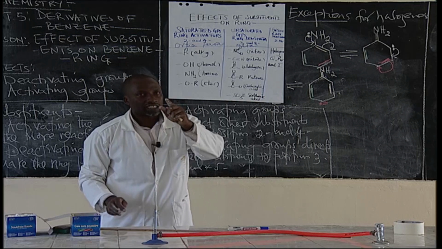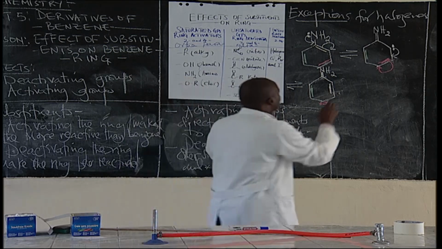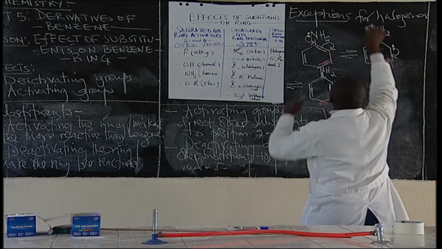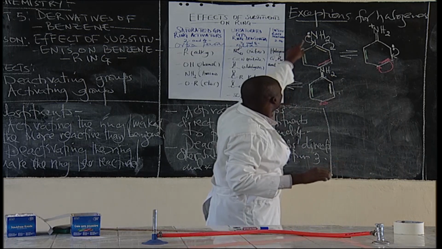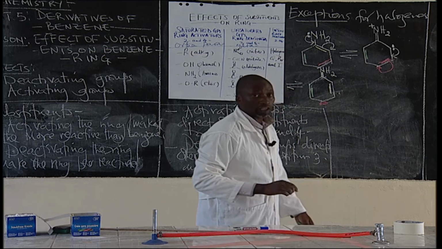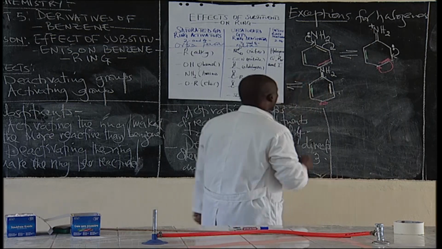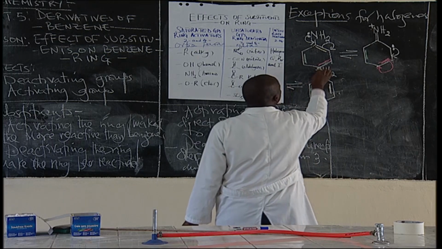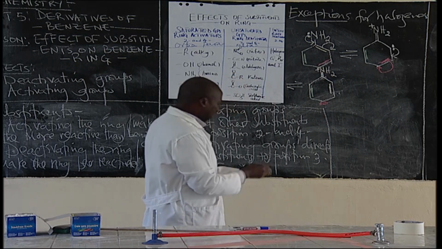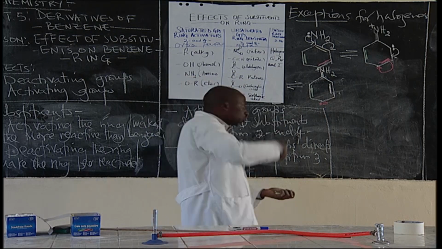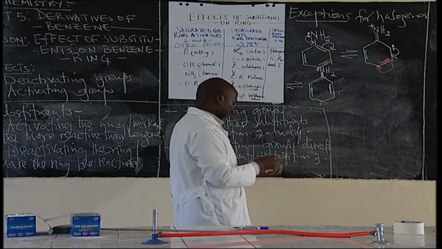Something very important that I shouldn't forget is that after donating the double bond, after losing these electrons when they enter into the benzene ring, this nitrogen becomes positive. So this positive remains there. So these electrons would also want to enter into the ring.